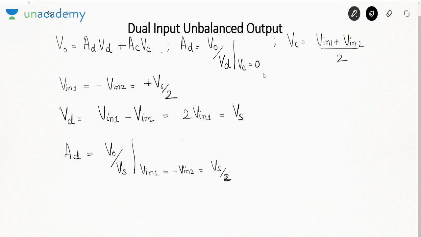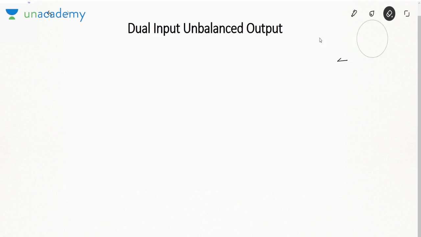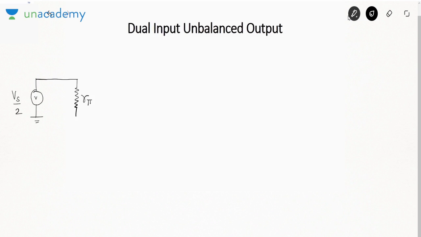Now using this definition I will try and determine the voltage gain or the differential mode gain. So let me redraw the AC equivalent of the amplifier. As earlier, I will start drawing from the left hand side. This will be Vs by 2. Now suppose I am ignoring Rs. Between base and emitter, I will show a resistance R pi.